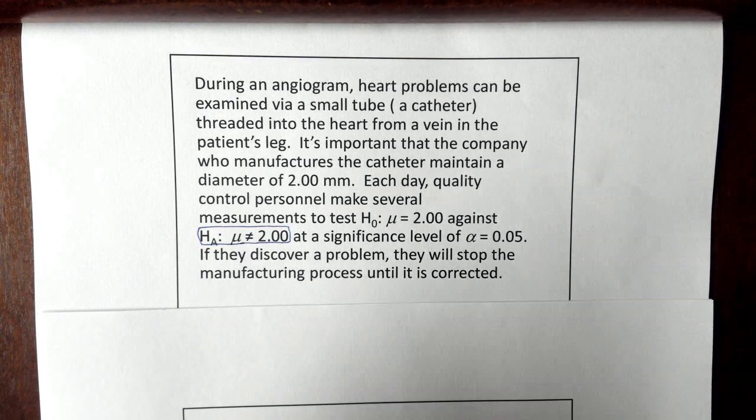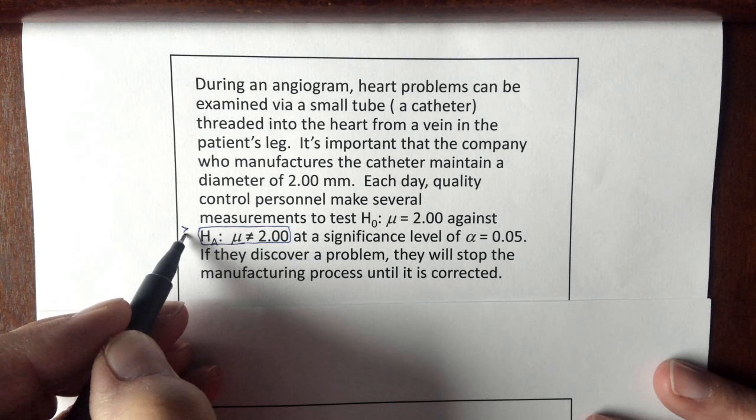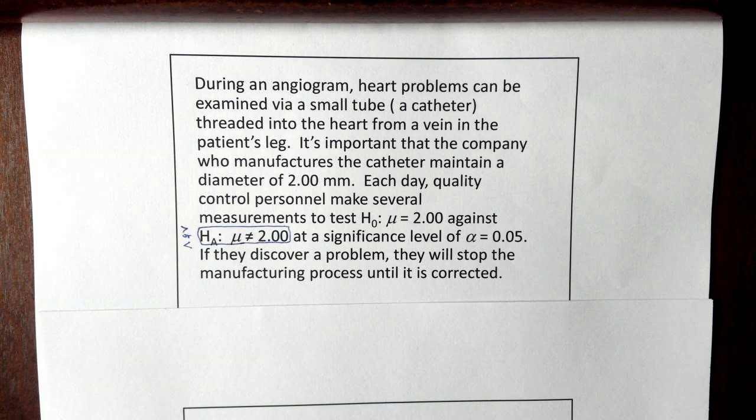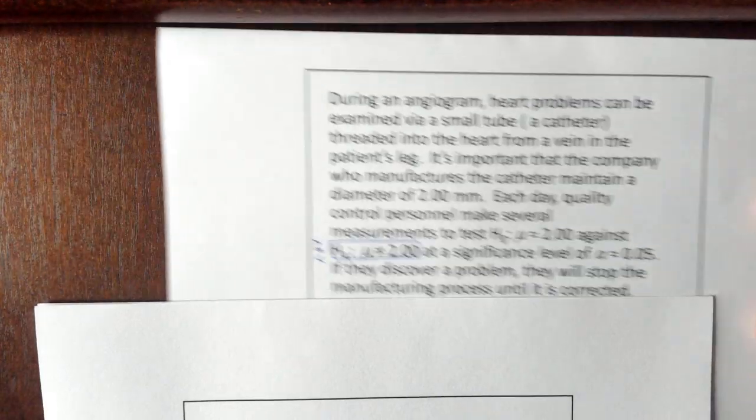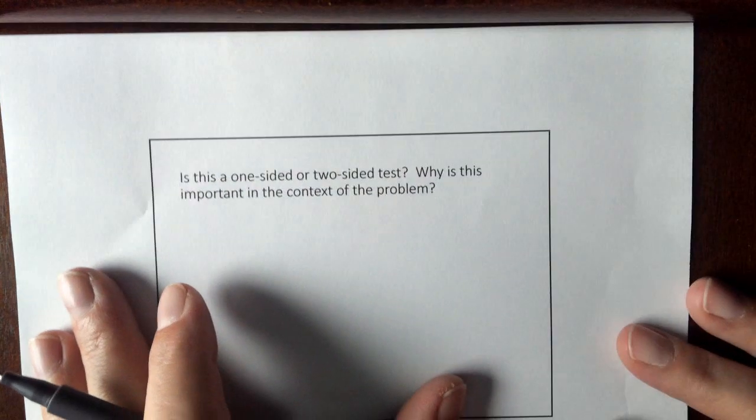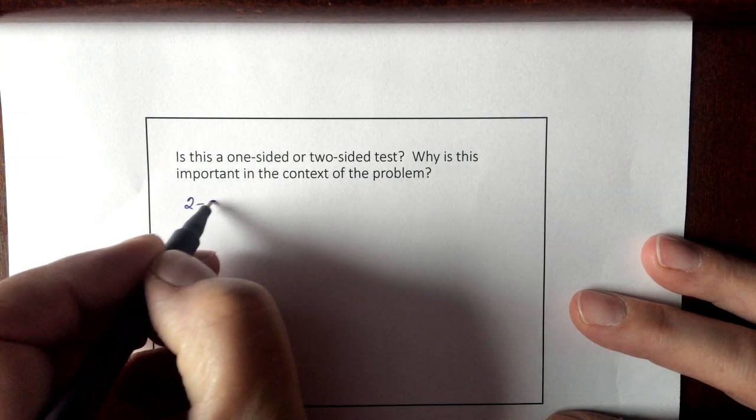Not equal to is the same thing as greater than or less than, which means a catheter that's too small is a problem. A catheter that's too large is still a problem. So anything too small or too big is going to be an issue in the real world. So this is a two-sided test.